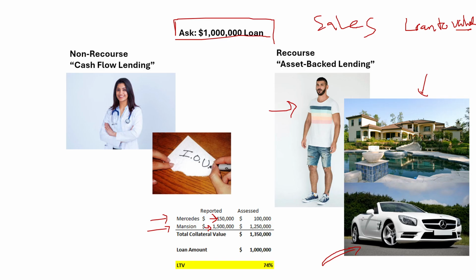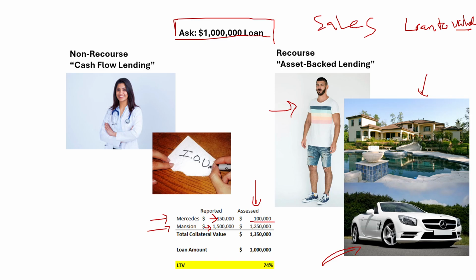Same with the mansion. So we do our own analysis. Every bank does this a little differently, so there's no standard. You just have to follow how the bank assesses the collateral value. After doing some analysis on the Mercedes and the mansion, the bank says the Mercedes, we're going to give it a value of 100K.